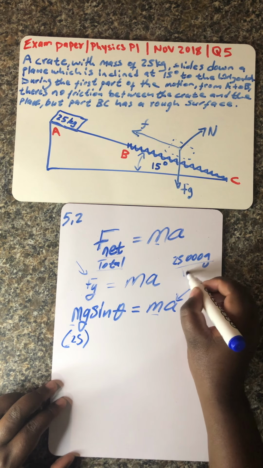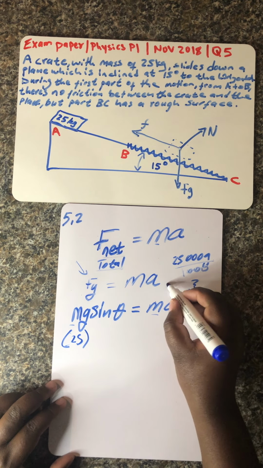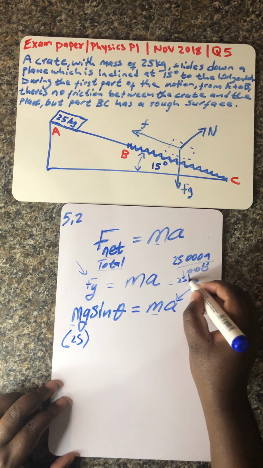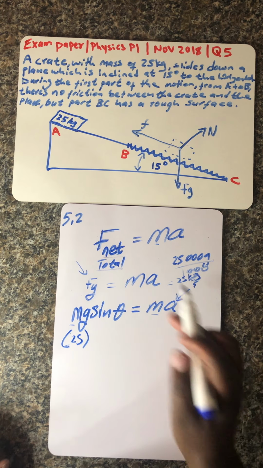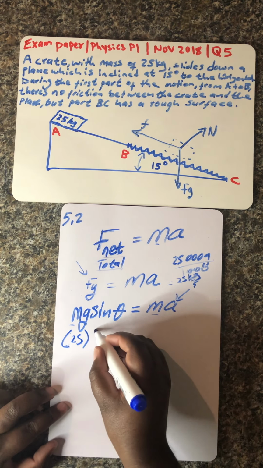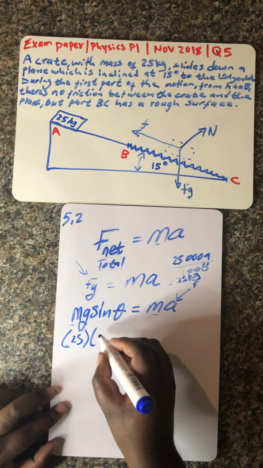Just divide it by 1,000 and you're going to get 25 kg. So you must first convert the mass to kilograms, and then from there you can substitute into the formula.